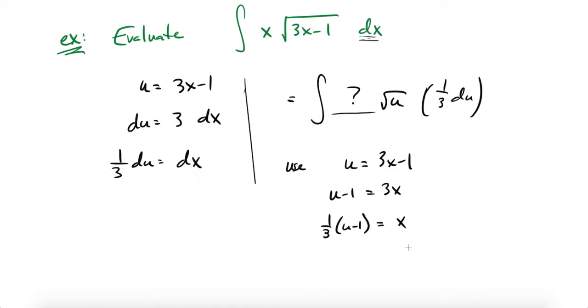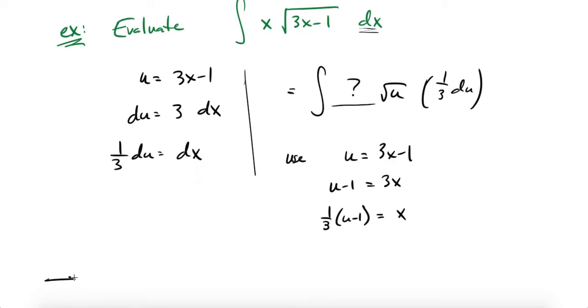So when we go to do our original integral, this question mark is 1/3 (u minus 1). That's what we're plugging in for x. Then this piece is all just square root u, and this piece is our 1/3 du.